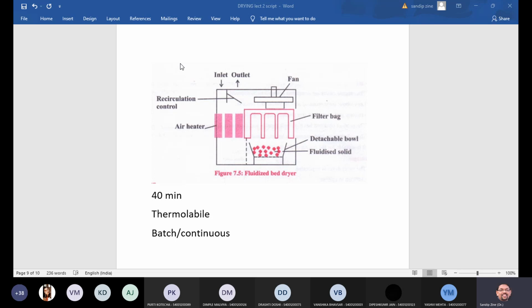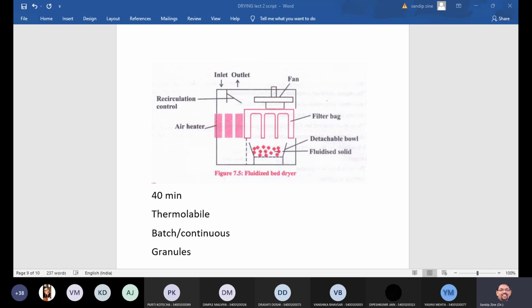Then in applications, you can say it is used for the drying of granules in the production of tablets, and it is used for coating of the granules. So the major use of this dryer is in the pharmaceutical industry, especially in tablet production, isn't it? So what is important for making tablets? These are the granules.